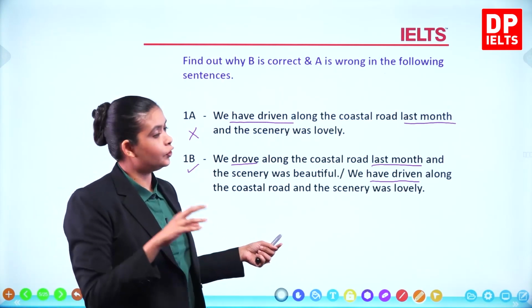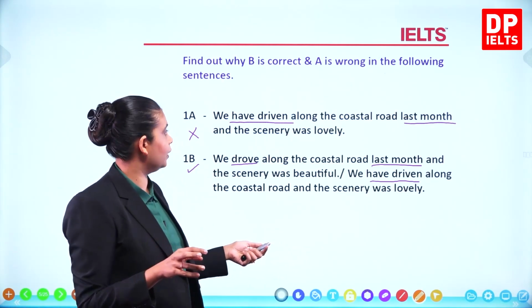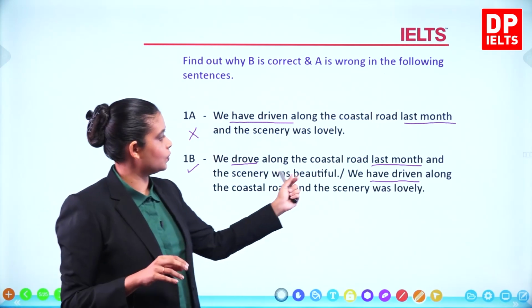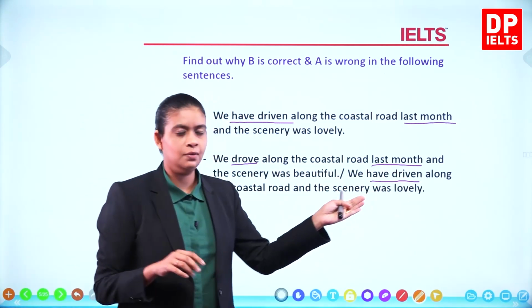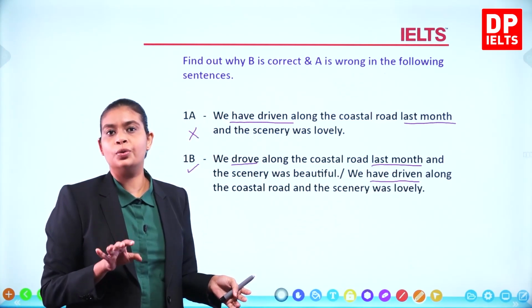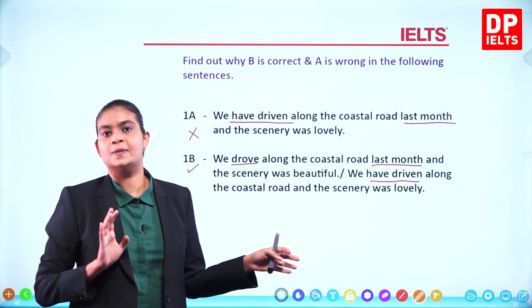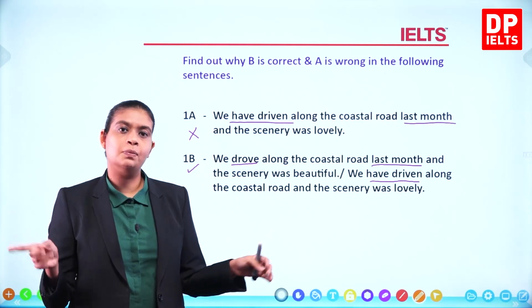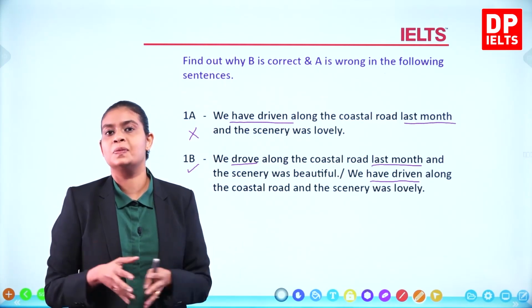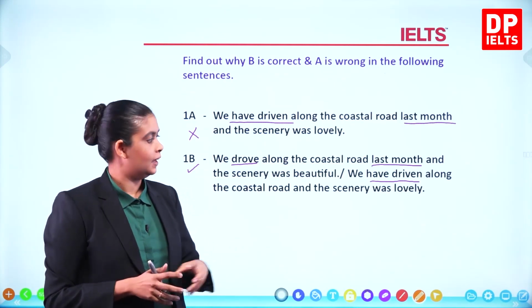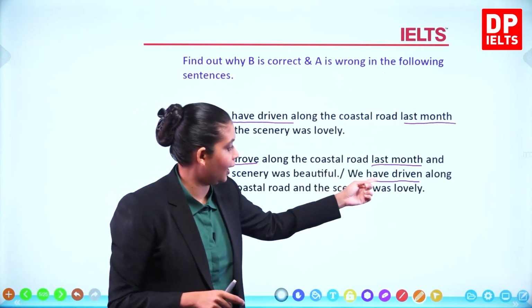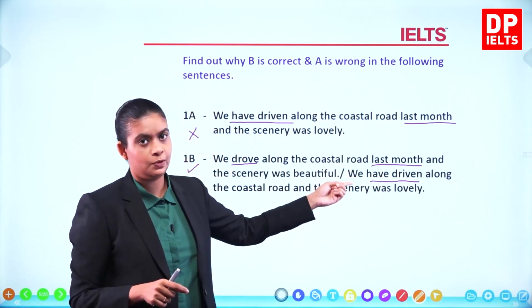But if you want to get rid of the last month, you can. Then, of course, we have driven because we don't know the specific time frame, but the action has been completed in the past, but we don't know the specific time. Then we can say we have driven because we is plural.